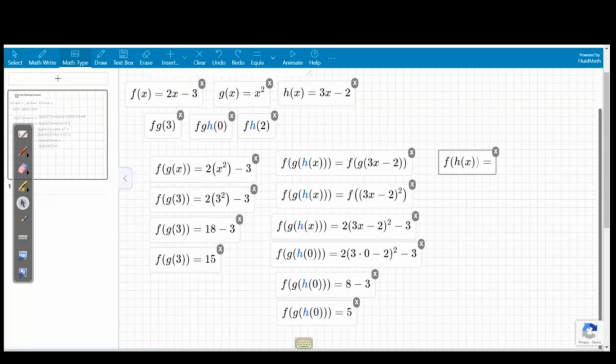So we are going to plug in 3x minus 2 into our f of x, and this becomes f of 3x minus 2. So we have f of h of x.